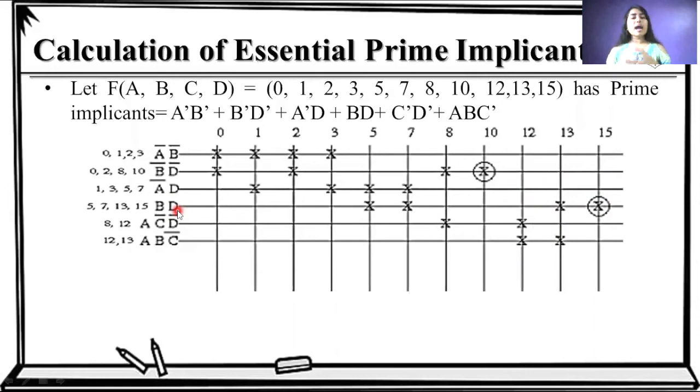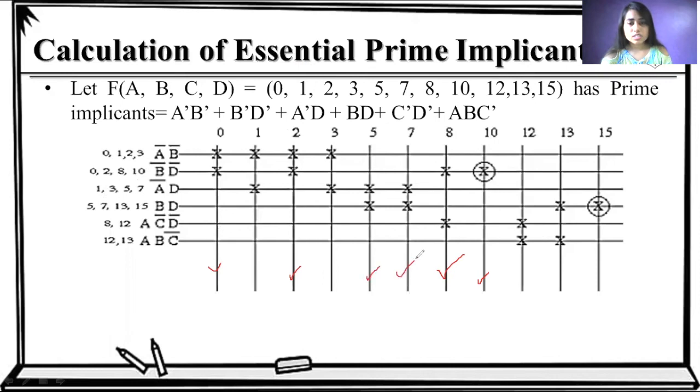Now after identifying these essential prime implicants, we have to check all the terms which are included by them. For B'D', we have 0 2 8 10, and by the essential prime implicant BD we have 5 7 13 15.